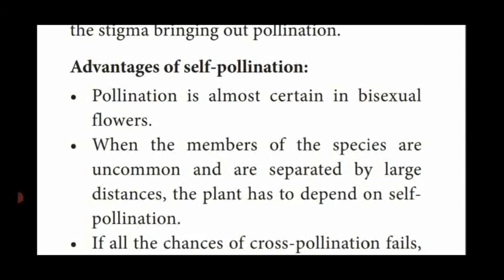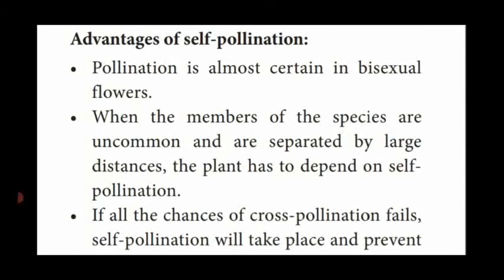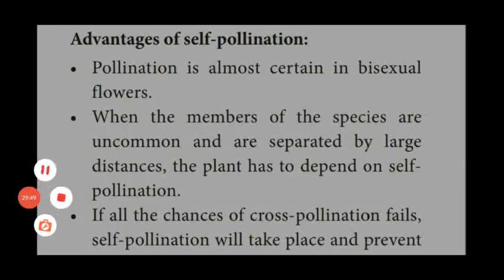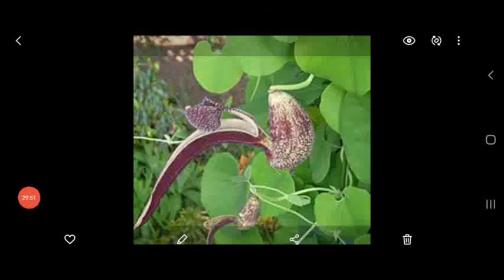Next, we are going to see the advantages of pollination. Before that, we have to see certain diagrams. Dear students, this is the Aristolochia flower. See that the lower portion is bulged. This is the long tubular perianth.